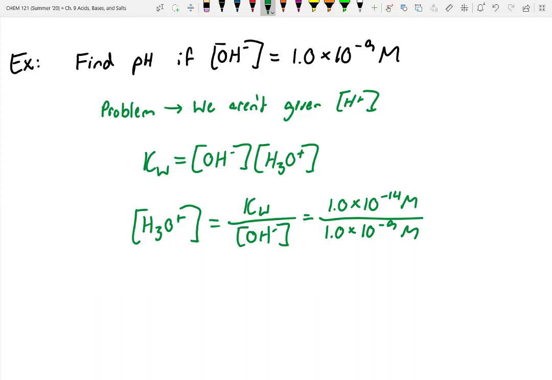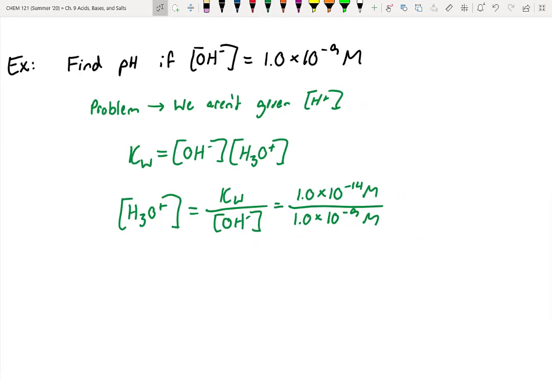Our molarity is essentially molarity squared, and we'd be left with the units of molar left over. So if we do this, we're going to be left with a concentration of 1.0 times 10 to the negative fifth molar. And like I said, this is the same as H plus concentration.